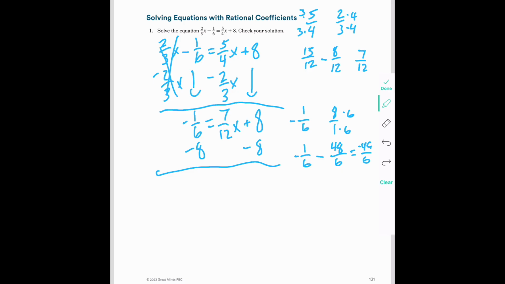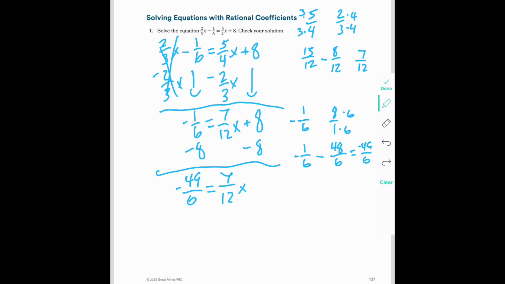I don't believe this fraction has a common factor to simplify. Let me see real quick. Nope, I can't think of anything right now, so that means this would equal negative 49 over 6 is equal to 7/12 x.